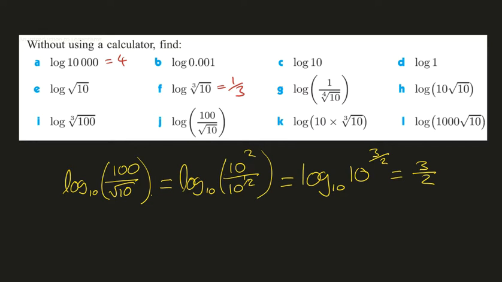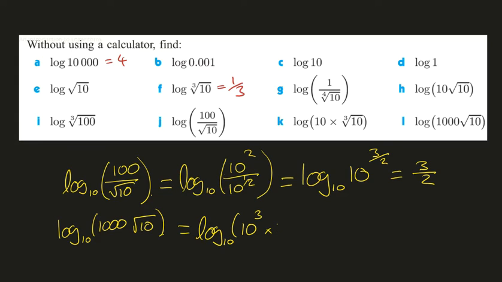Perhaps we could do one more. Let's have a look at the last one, L. In this one, we've got log base 10 of 1,000 root 10. Okay, so let's write both of those as powers of 10. We've got log base 10 of 10 cubed times 10 to the 1/2.